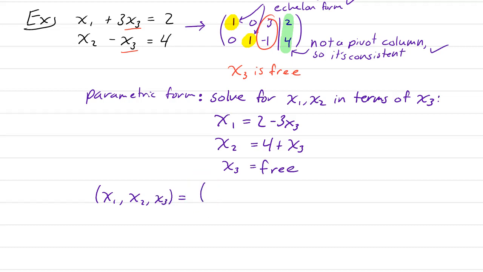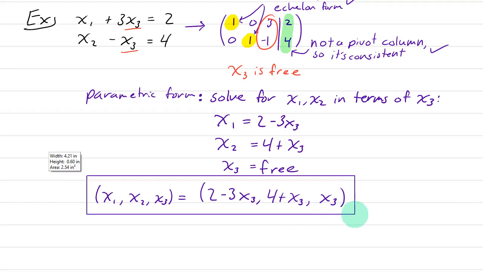So instead of writing x1, we're just going to replace that with 2 minus 3x3, 4 plus x3 here, and just x3 for itself. And if you wanted to call x3 some other variable like t or w or something, that's fine too. So this is parametric form.